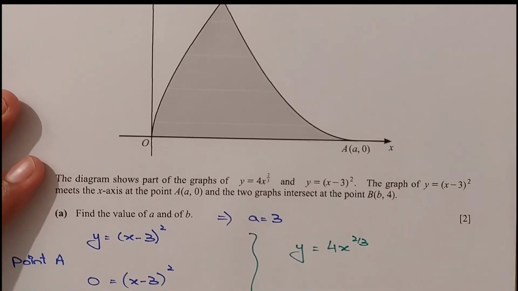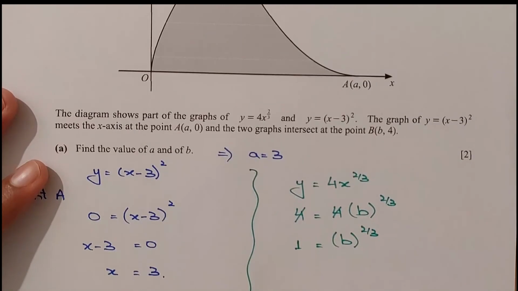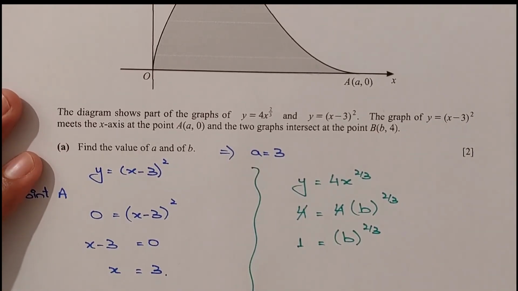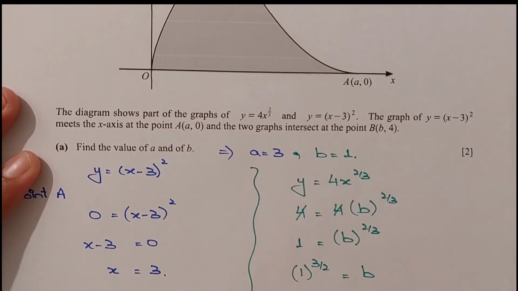So y is 4, and this is b to the exponent 2 by 3. So 4 divided by 4 is 1, equals b to the exponent 2 by 3. Now taking the power 3 by 2 on both sides, we have 1 to the power 3 by 2 equals b. So b equals 1. So a is 3 and b is 1.